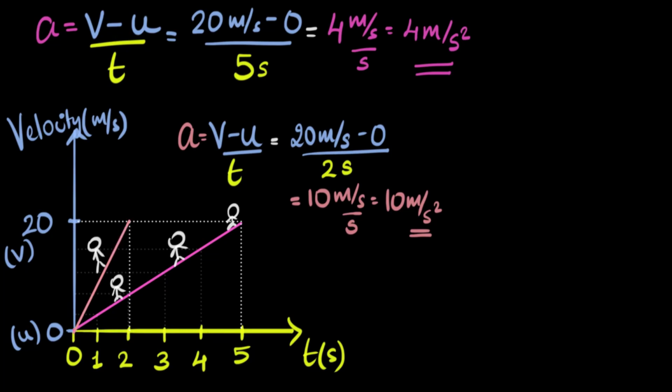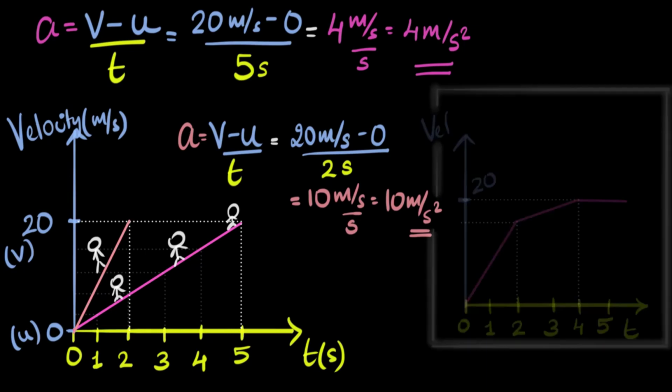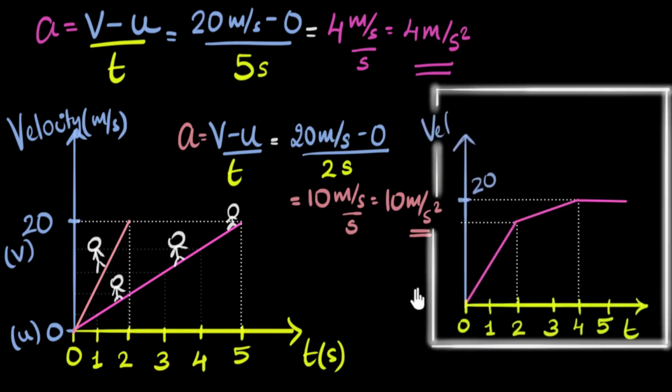But on the other hand, if the graph was not a straight line, but instead looked like this, then it's not a constant acceleration. I mean, notice in the first 2 seconds, it gains a lot of velocity, very high acceleration. In the next 2 seconds, it gains a little bit. The acceleration has decreased. And then after 4 seconds, notice, it's not gaining anything. The velocity remains 20. Acceleration becomes 0.